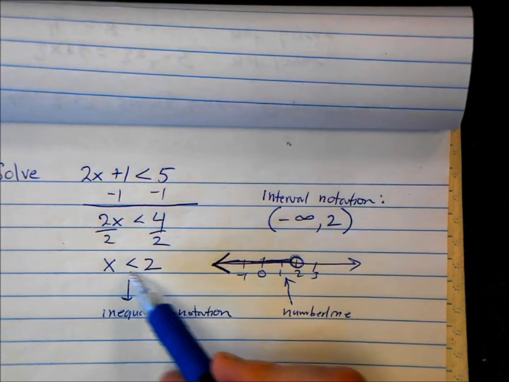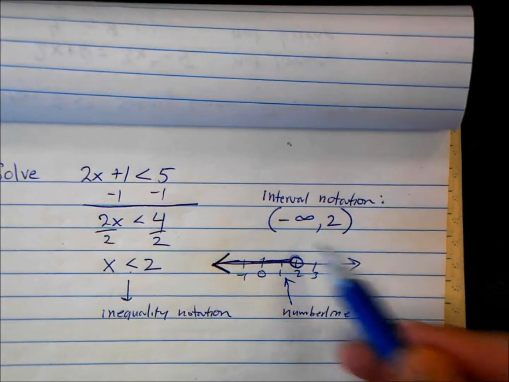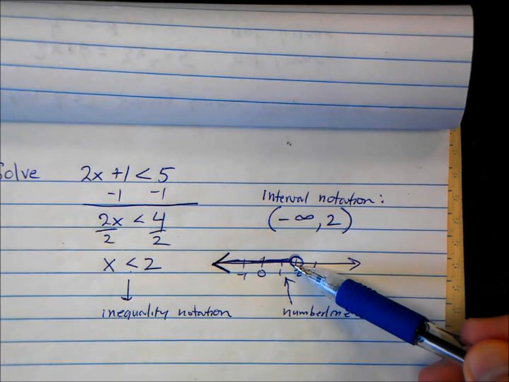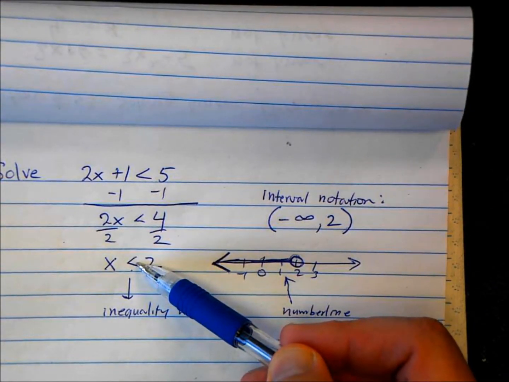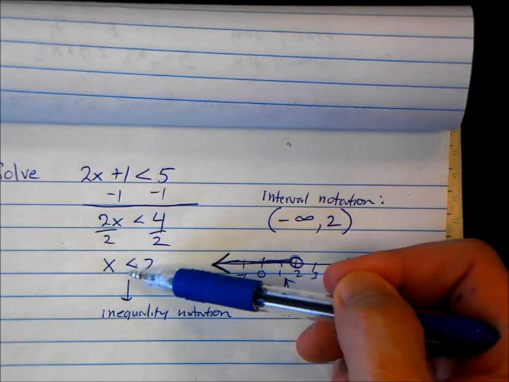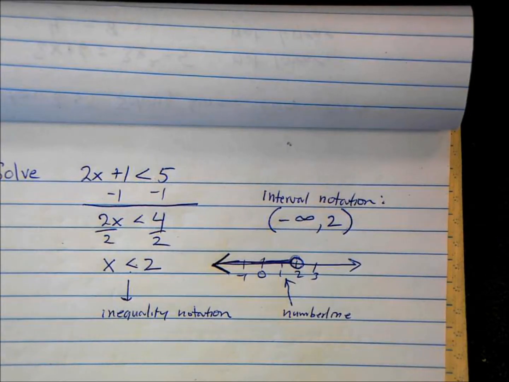What if I had a less than or equal to symbol? Then I would use a square bracket. Correct. So round bracket, open circle, less than symbol all mean the same thing. Square bracket, closed circle, less than or equal to would all be the same thing. Questions on that?